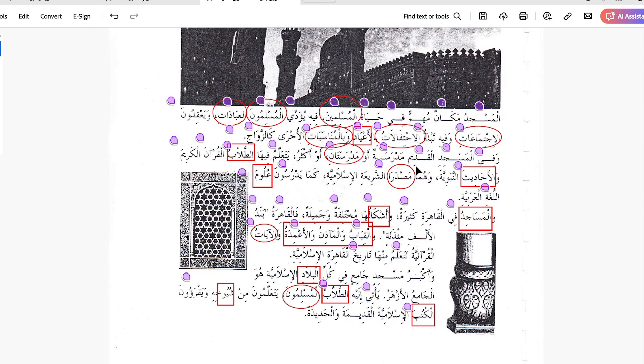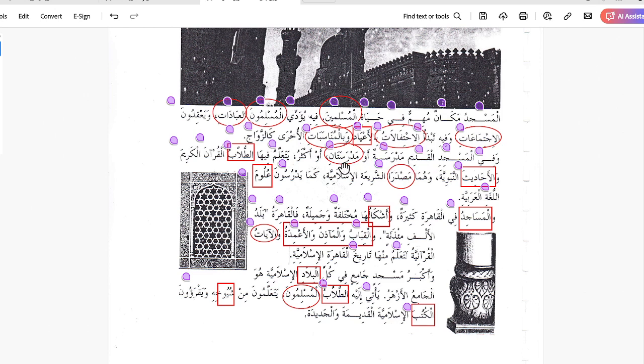Wa fil-masjidil-qadimi madrasatun aw madrasatani aw aktharu. And in the old mosque there is a school, or two schools, or more than two. Fil-masjidi is jarr wa majrur. Qadim is the na't for masjid.